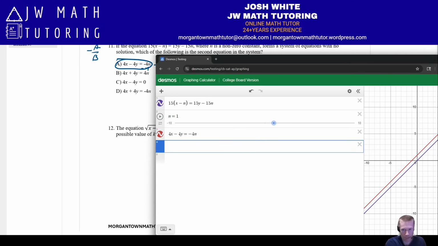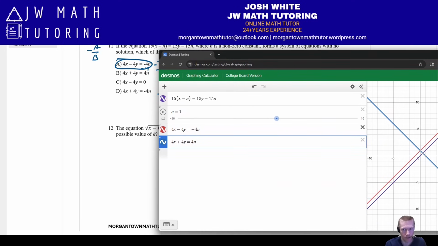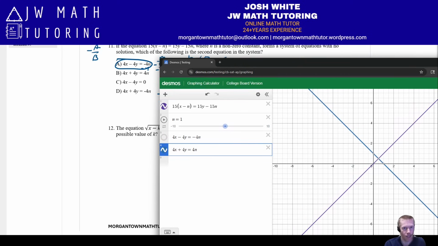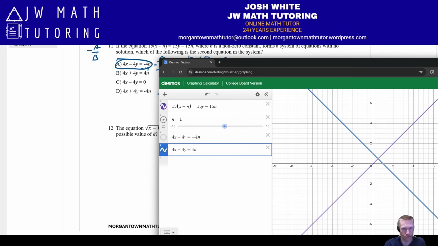So notice A appears to be parallel. Okay, B, move this over here. Let's look at these one at a time. B, clearly not parallel. Not no solution. There is a solution to these two, so that one is out.